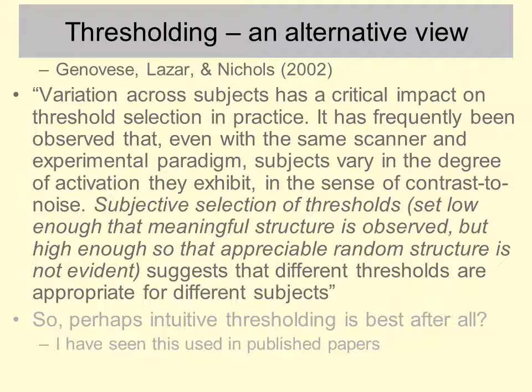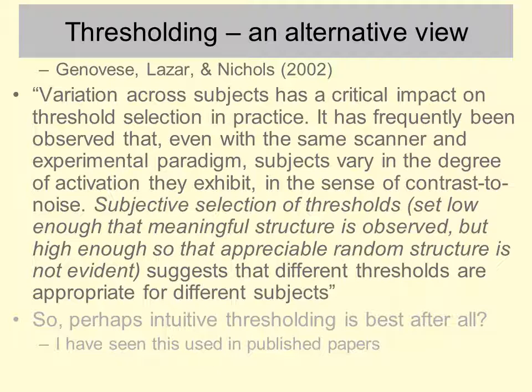It has frequently been observed that, even with the same scanner and experimental paradigm, subjects vary in the degree of activation they exhibit in the sense of contrast to noise. Subjective selection of thresholds set low enough that meaningful structure is observed, but high enough so that appreciable random structure is not evident, suggests that different thresholds are appropriate for different subjects."